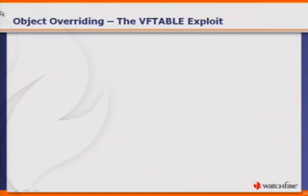Okay, so this is the 2nd exploitation technique, and it is called the virtual function table exploitation technique. Sometimes it is hard to find allocations in which you can control the first DWORD of these allocations. Because usually you'll find allocations that are used in order to create new objects.